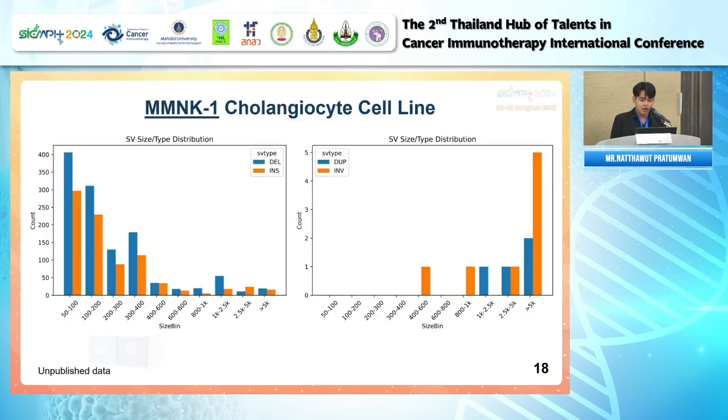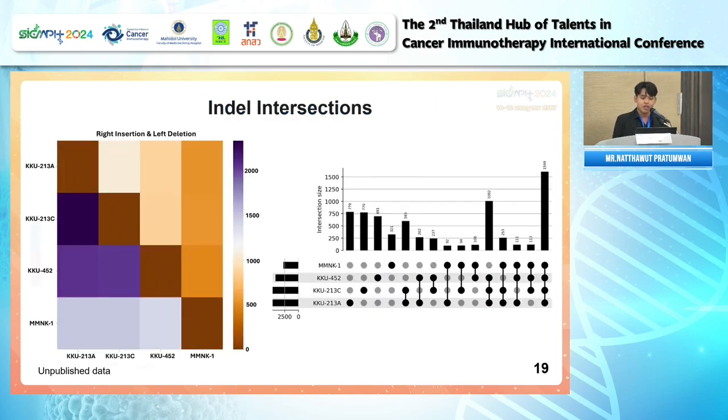And then these two plots show the intersections of indels, or insertions and deletions, of the four cell lines. The heat map shows the intersection of indels between the 3 CCA cell lines and the cholangiocyte cell line, and MMNK1 has a different profile compared to these 3 cell lines. But there is an interesting point: the intersection between KKU220C and KKU220A shows the highest indel intersection value.